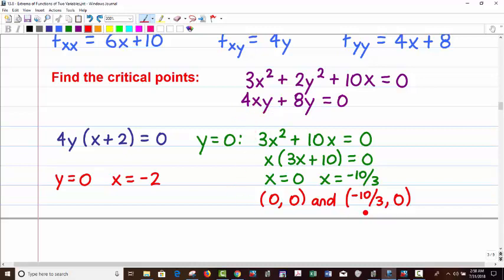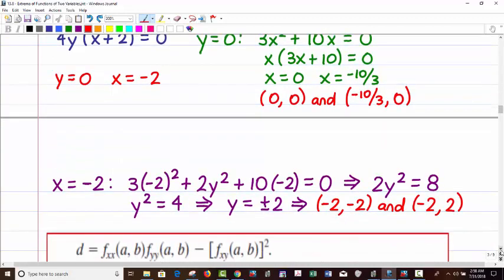So there's two of them, but we're not done because now we have to see what negative 2 works with in that top equation. So we take negative 2 from the bottom, plug it into the top, and solve for the y's that go with negative 2 for x. So I put in negative 2 for x here and here, and I got 2y squared equals 8.